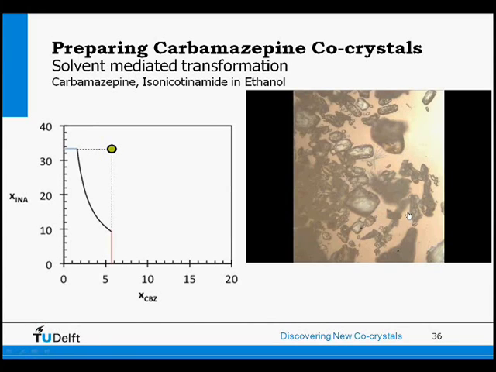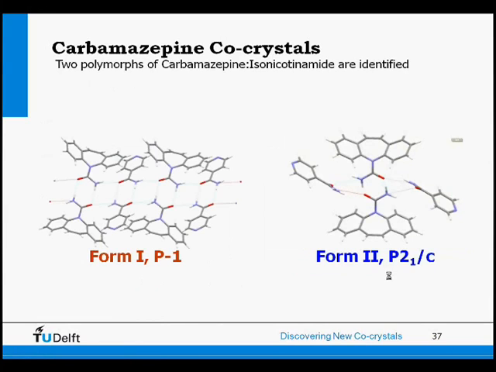So actually what we discovered is that we have two polymorphic forms, so form 1 and form 2. And in the movie, which you did not see, we see first the form 2 appear, that is the needle form, which then later on transform into form 1, which is the final stable form at room temperature.